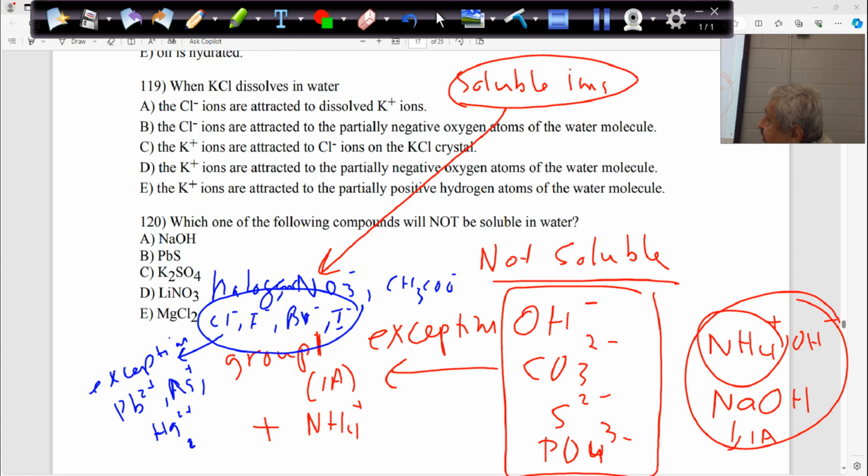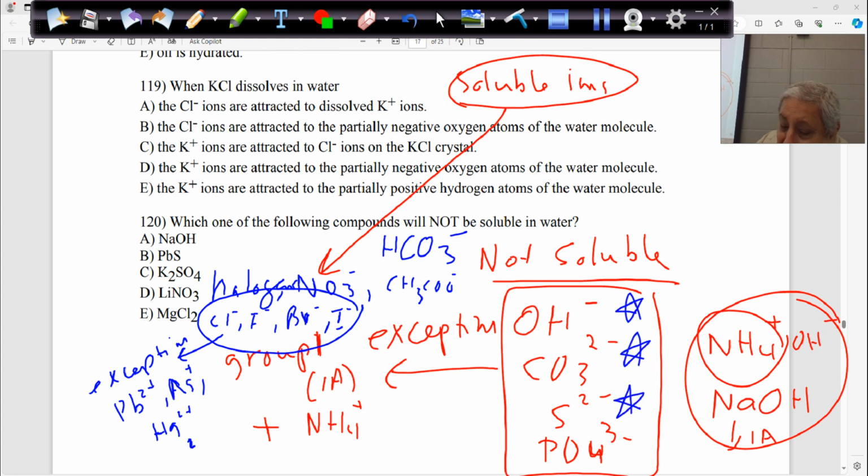What else can we look at in groups here? The carbonates are not soluble. The bicarbonates are soluble. What else are soluble? Bicarbonate, nitrate, acetate, and all the rest of the polyatomic ions are soluble, except those that are not soluble.